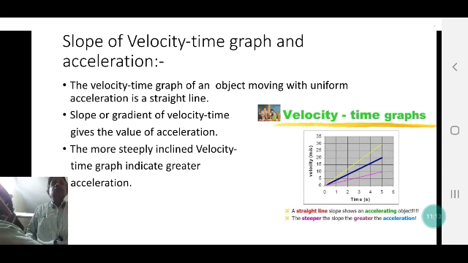Second, the slope or gradient of the velocity time graph gives the value of acceleration. Third, more steeply inclined velocity time graphs indicate greater acceleration of the moving object.